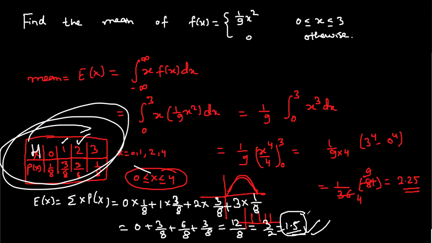If expected value is 1.5, it means on an average you are expecting 1.5 heads. In terms of probability, you can say a 50% chance that we will get heads.